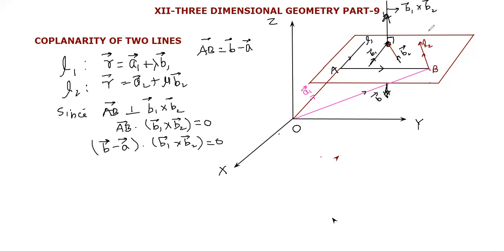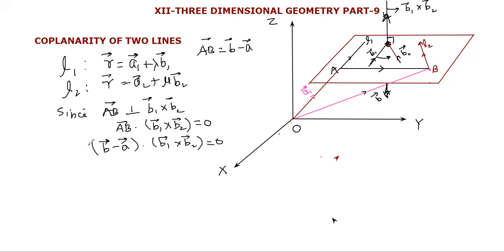If B1 cross B2 is coming down, moving from B1 to B2, if you see the screw rule, I think this is the up direction. But if it is down also, no problem, because that is also perpendicular. That's why I drew this.